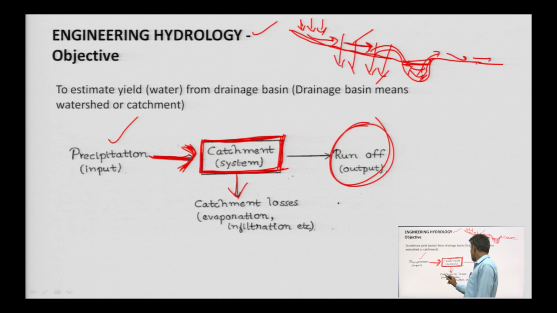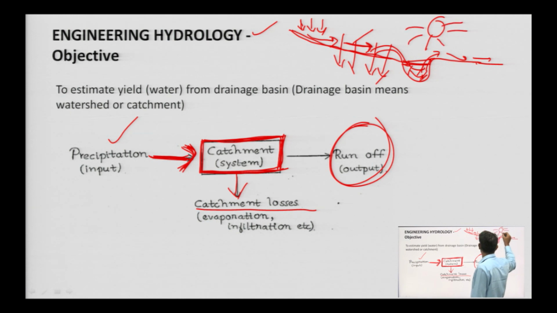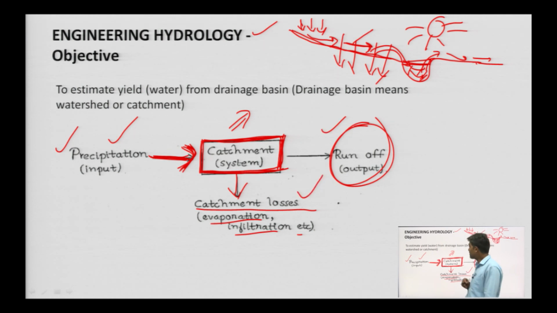Some part will be lost due to the presence of sunlight, through evaporation, infiltration, etc. The quantity of useful water is what we need to calculate, in terms of this input and these outputs, where losses mean output.